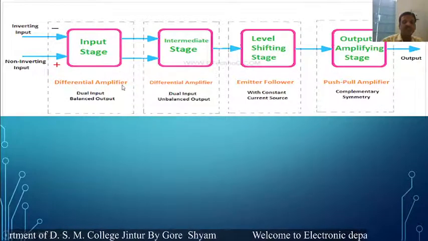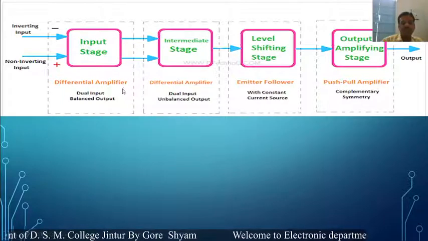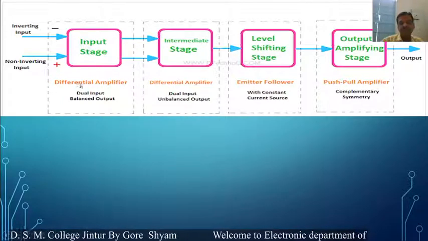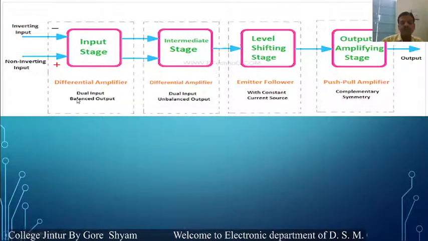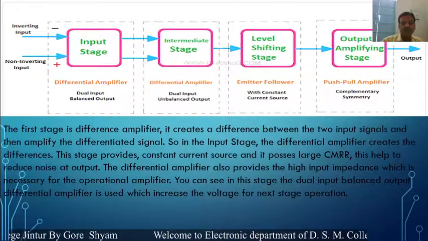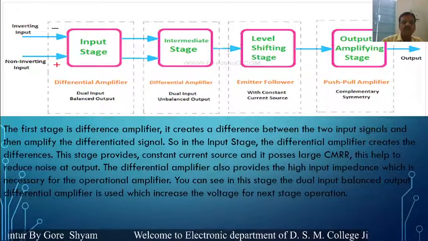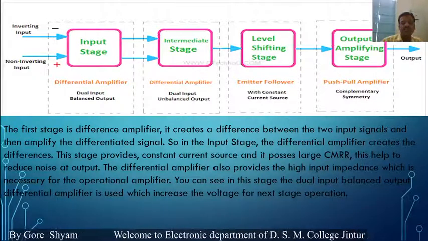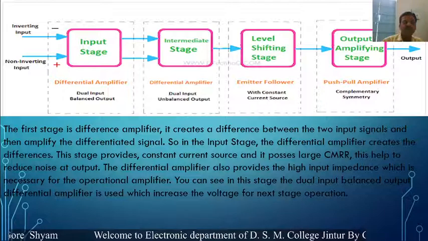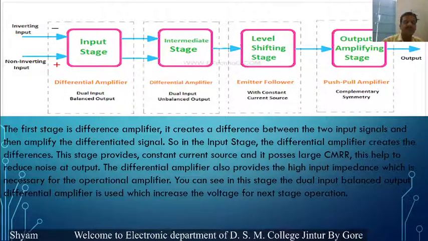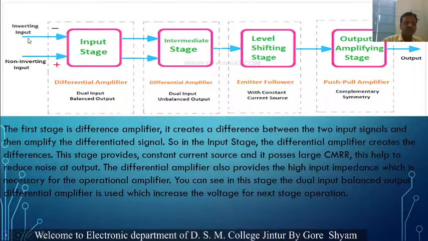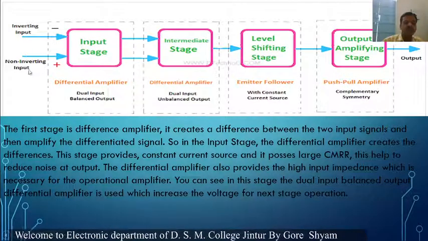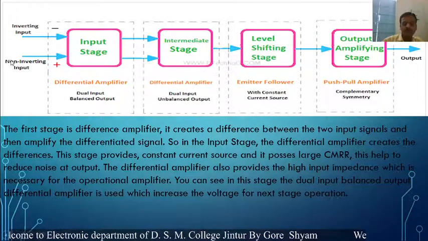as the difference amplifier. The difference amplifier is a dual input balanced output differential amplifier. The difference amplifier has two inputs: the first input is known as the inverting input, and the second input is known as the non-inverting input.